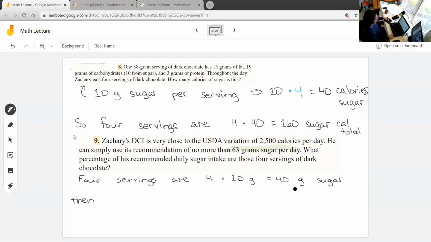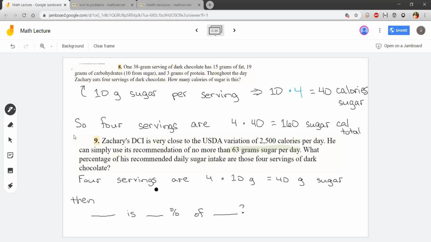So we want to say 40 grams is what percentage of 63 grams. So we do our little Mad Libs thing. Remember that game for percents? So I need to have a what and 2 numbers. What goes in my spots?